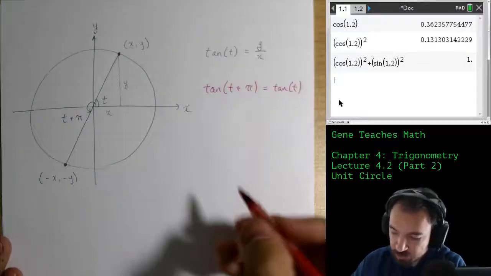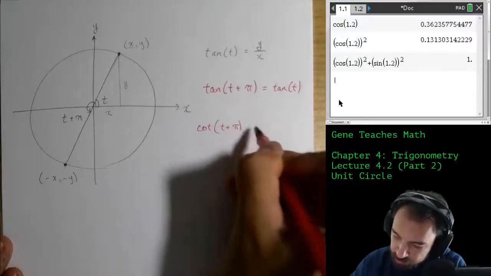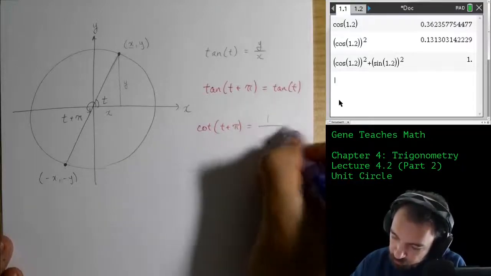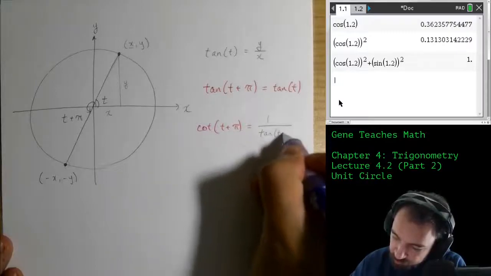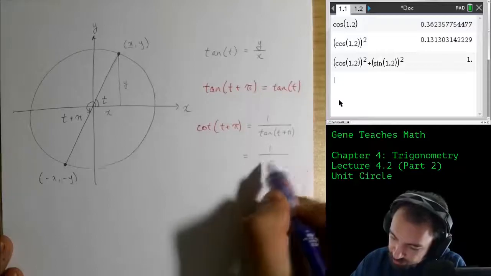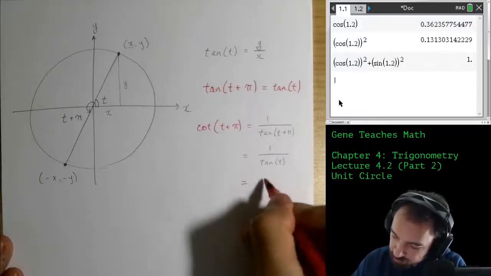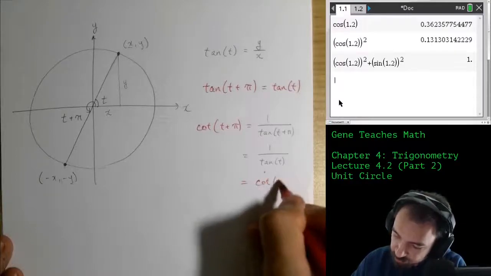And since cotangent is the reciprocal of this, we can write cotangent of t plus pi, which is 1 over tangent of t plus pi. By this property, we can say this is the same thing as 1 over tangent of regular t, and then by the reciprocal property, we can turn around and say this is cotangent of regular t.